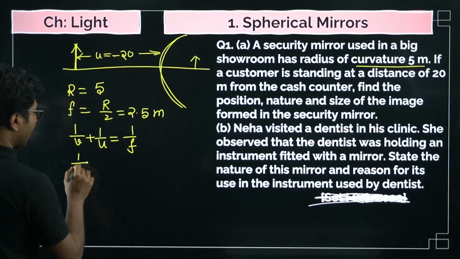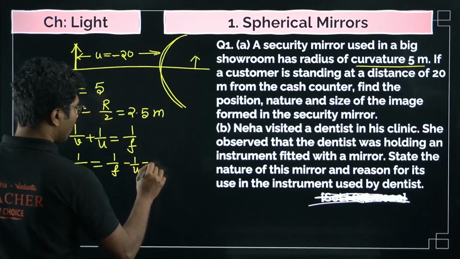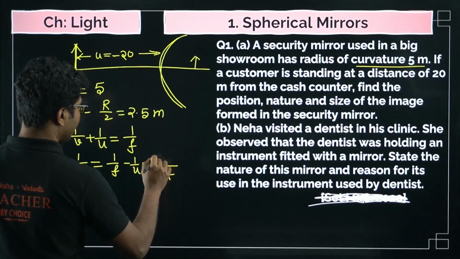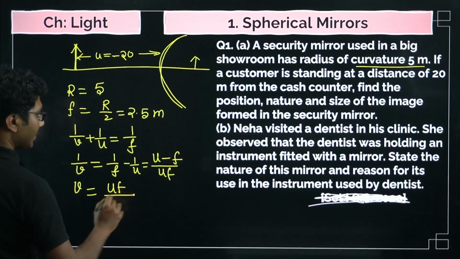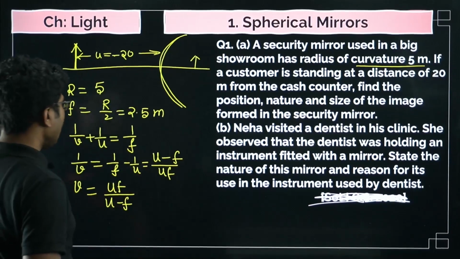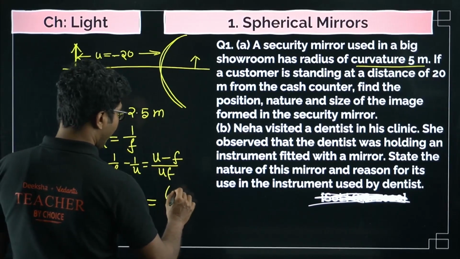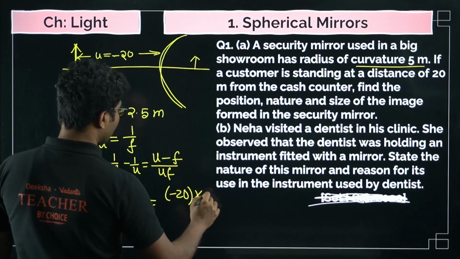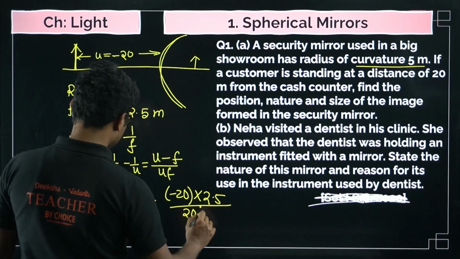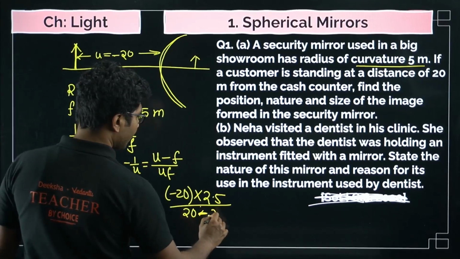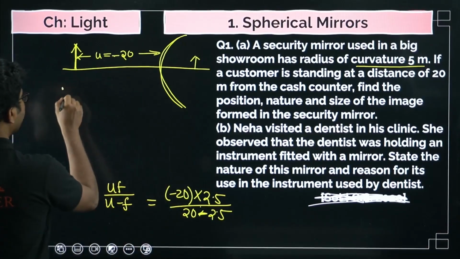So let's put the value. 1 by v we do not know, so 1 by v equals 1 by f minus 1 by u, or v equals uf divided by u minus f. So this is the formula. You can directly put the values. u is minus 20, f is 2.5, divided by minus 20 minus 2.5.